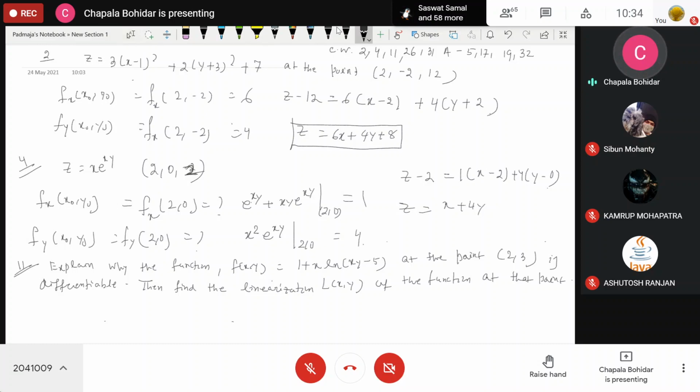I already told you one theorem, the statement of the theorem. According to that, you have to find out why this function is differentiable.